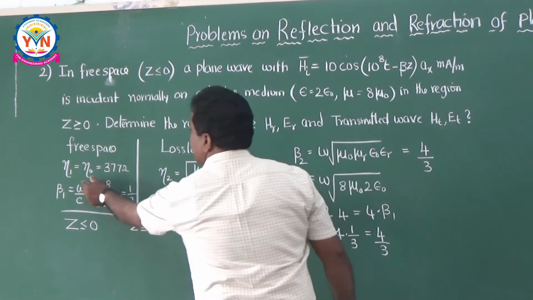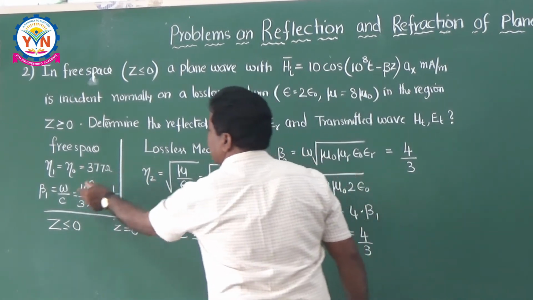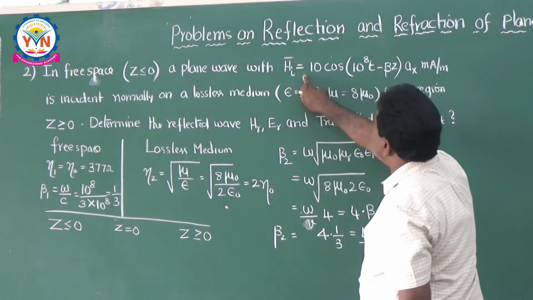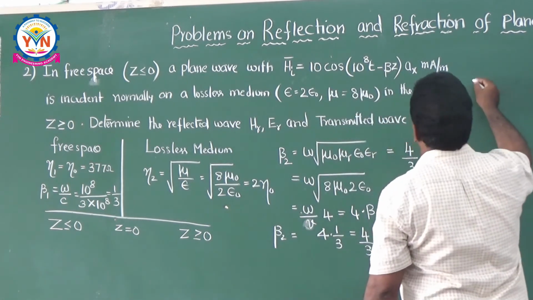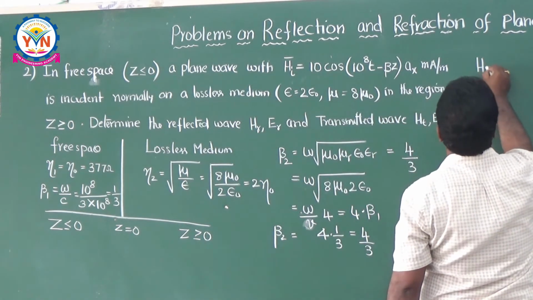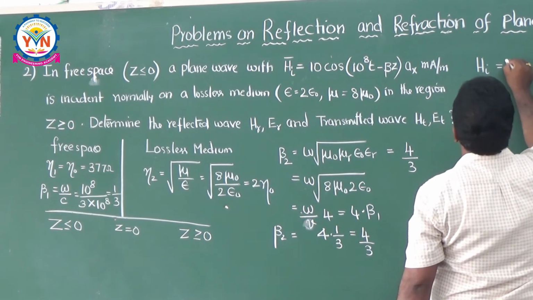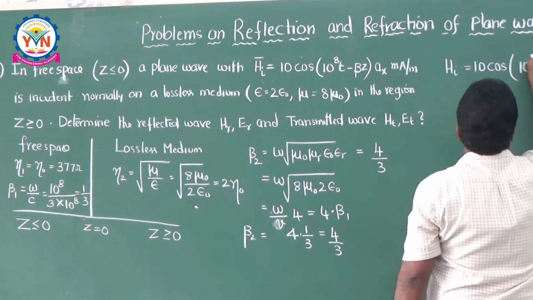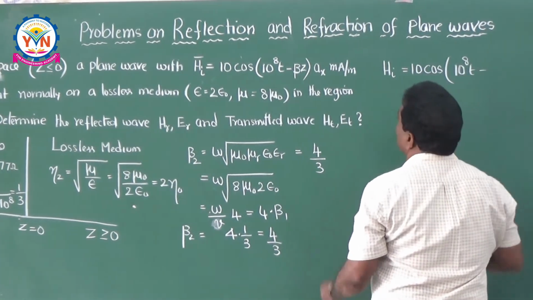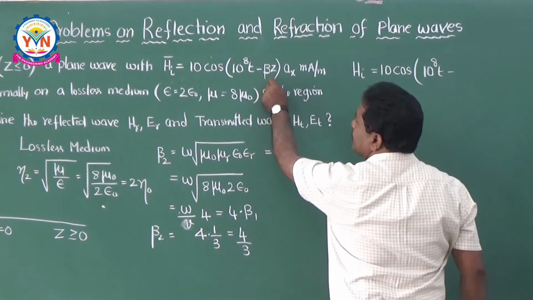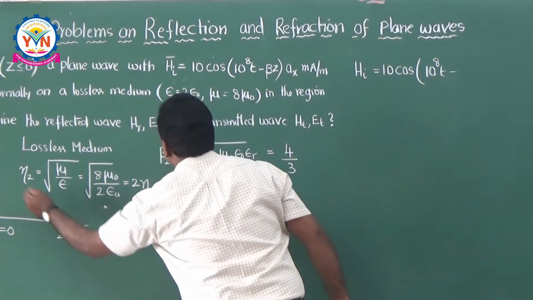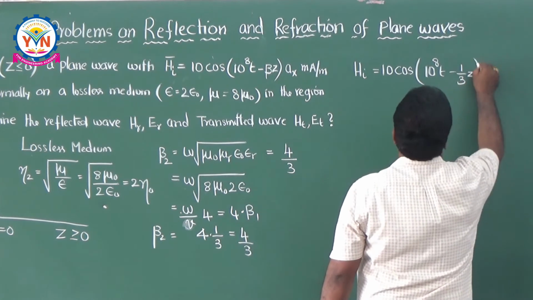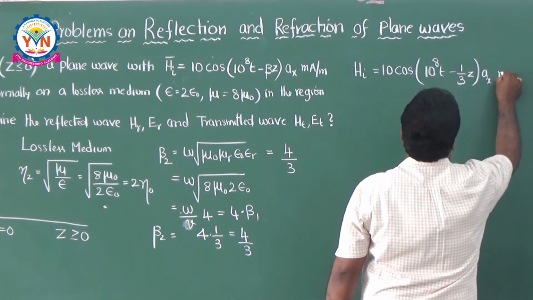So you know eta 1 and eta 2 and beta 1 and beta 2. And he has given the incident magnetic field. What has he given? The incident magnetic field H_i is 10 cos(10 to the power of 8 t minus beta 1 z), because it is in free space, where beta 1 is 1 by 3, a_x milliamperes per meter.